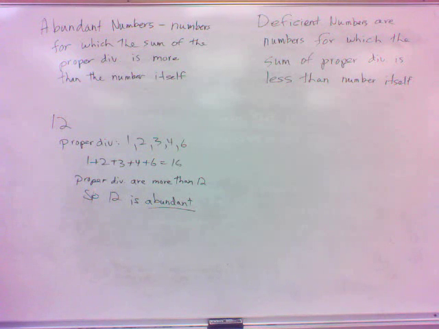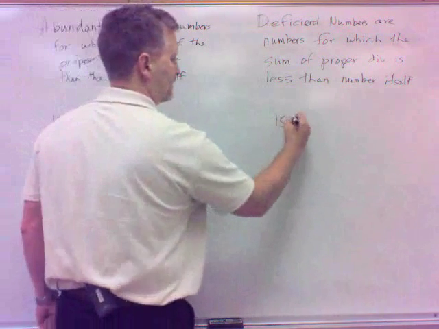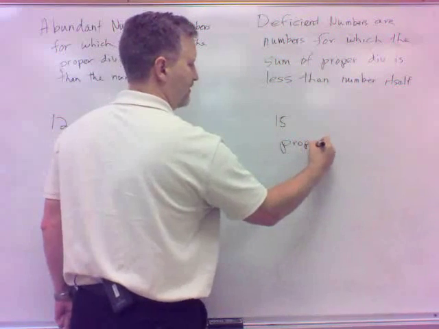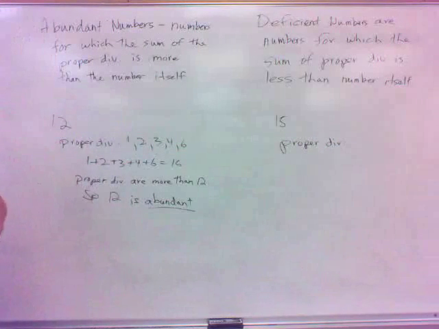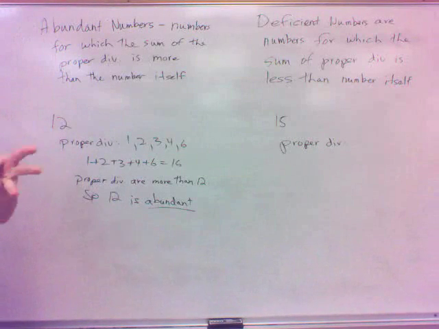All right, let's see. A good example. How about 15? The proper divisors of 15 are, just a few of them, 1, 3, 5.